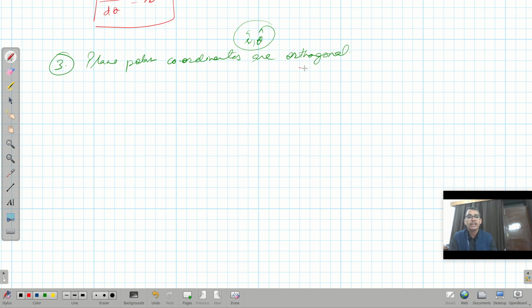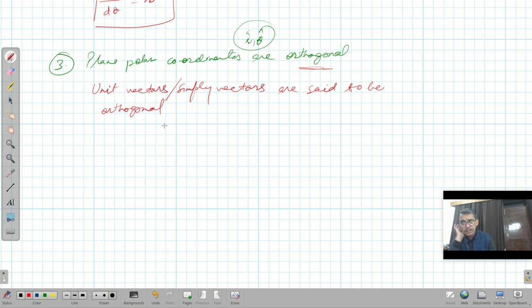Vectors are said to be orthogonal if their dot product vanishes.